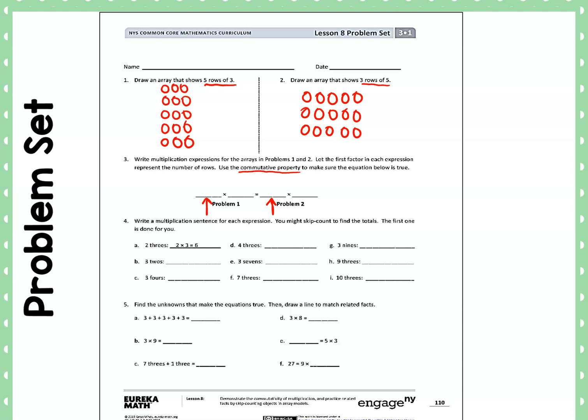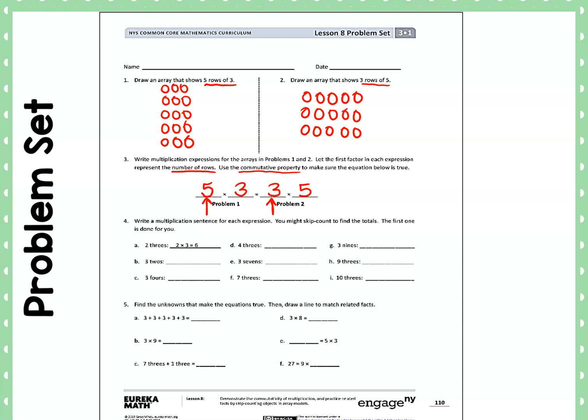All right, so for problem number 1, we're looking at the number of rows to be the first factor. Well, if we look at problem number 1, we know that there were 5 rows. So we would take 5 times 3. For this array, we know that there are 3 rows. So it would be 3 times 5. Notice where this problem came from? It should look pretty familiar.